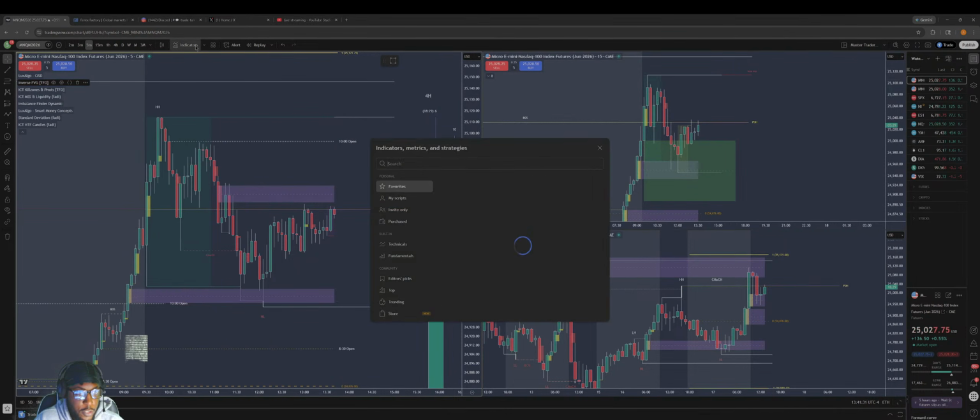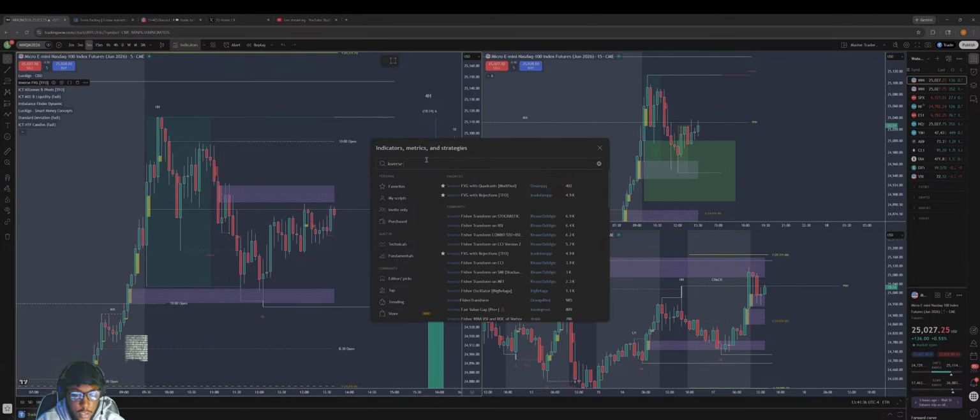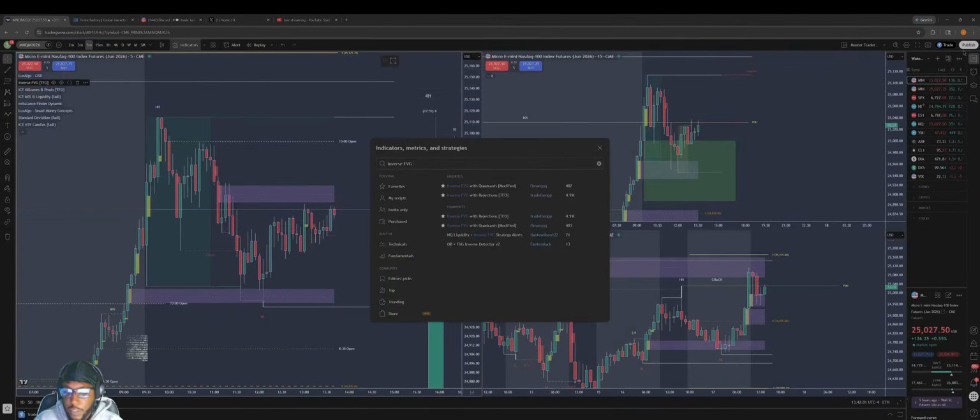You go to indicators, pull it up, and type inverse FVG, and it's this one right here that says inverse FVG with rejections TFO. That's this indicator right there. You just click it and it'll apply right to your chart.